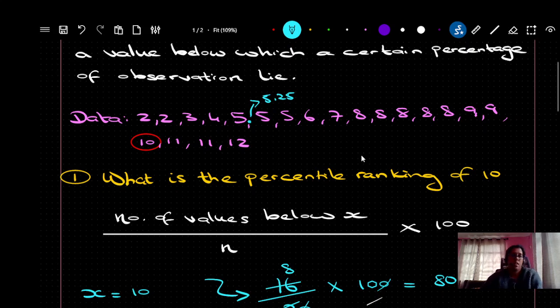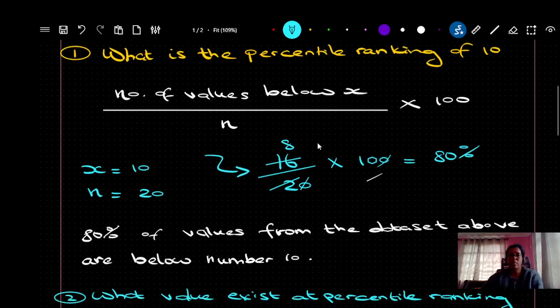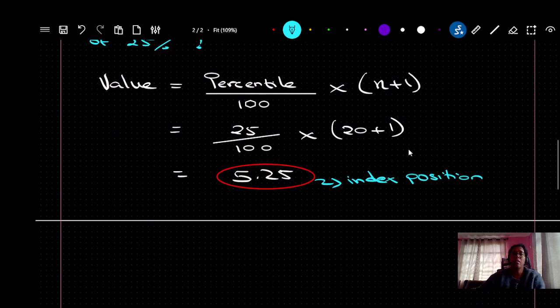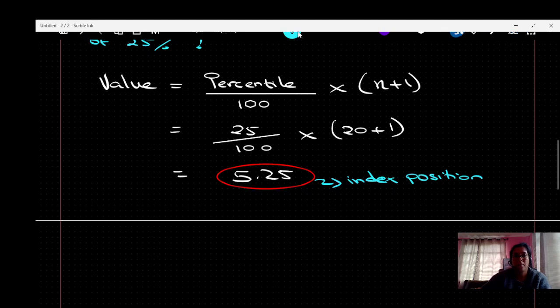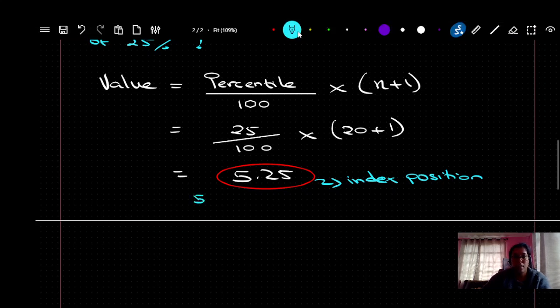It's just like the median we did: when something is in the middle of two numbers, we take 5 plus 5 divided by 2, which is 5.